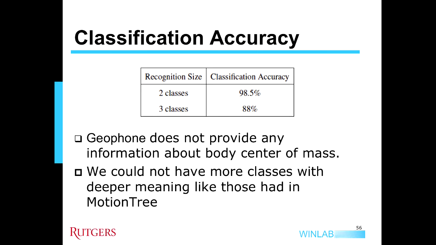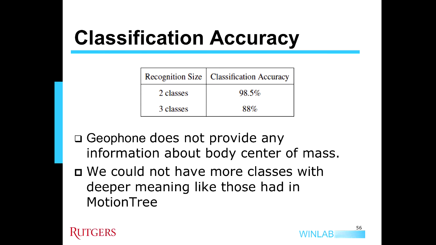So why is that? Because the main thing that we use in our load cell sensor is the location of the body's center of mass. We could know that the person moves from right to left by using that. Here we don't have any information about it. This sensor just detects the oscillation, the vibration when we have motion.